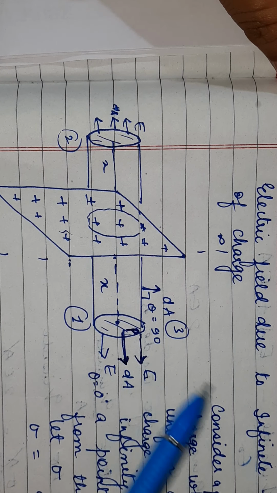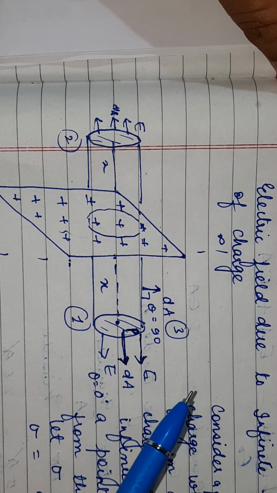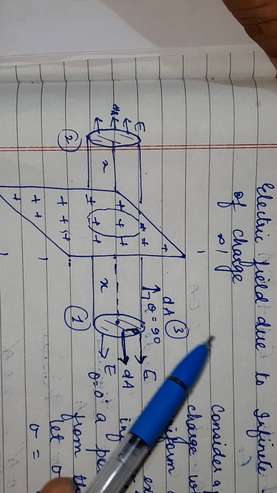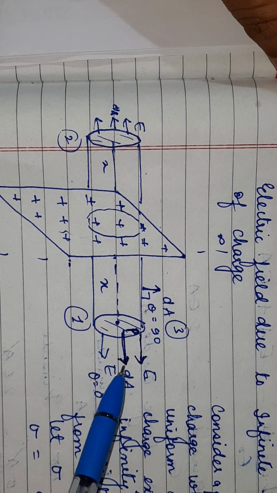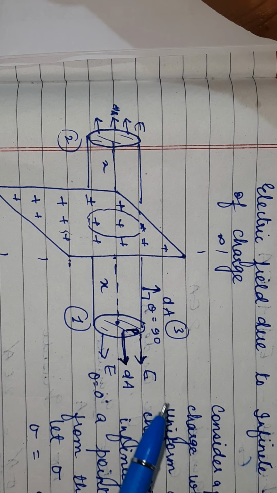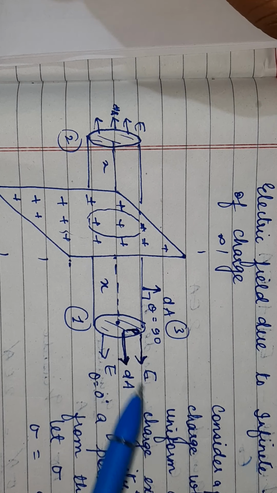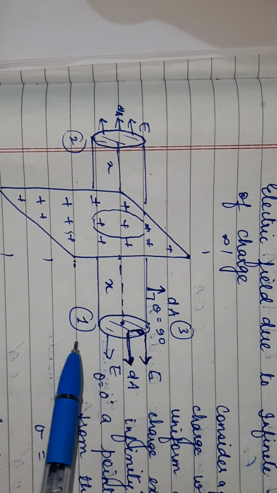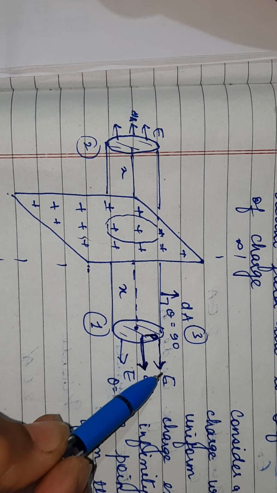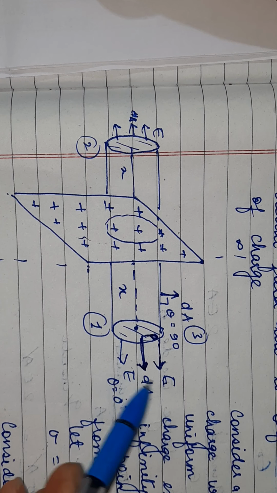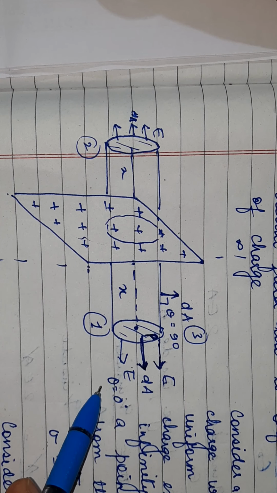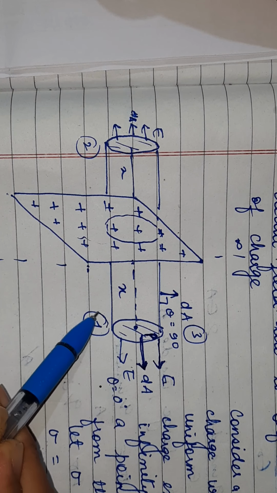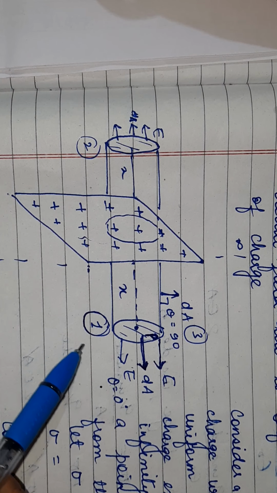Whenever we are considering any Gaussian surface, we should keep in mind that the area vector should be either parallel or perpendicular to the electric field. Here the area vector is parallel to the electric field, so theta is equal to 0. This is the first area we are considering.